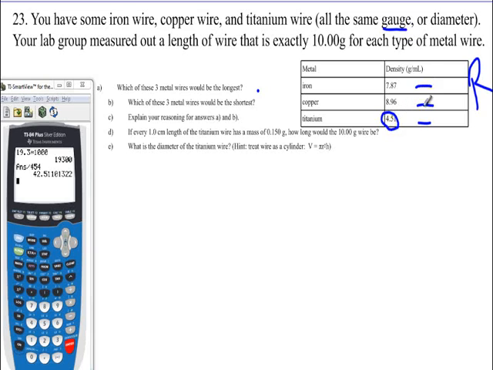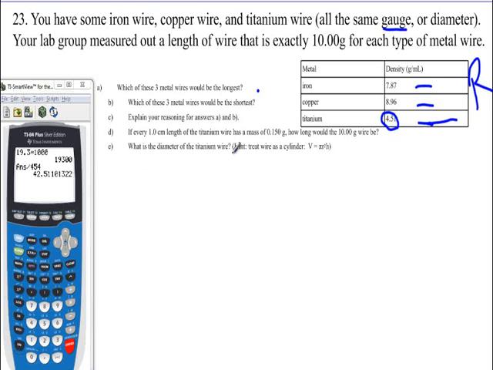I have twice as much mass for the same size piece, right? So I'm going to have a smaller piece. I need a bigger piece of titanium to equal the mass that I have of copper. So titanium is going to be the longest, and the shortest would be the copper.